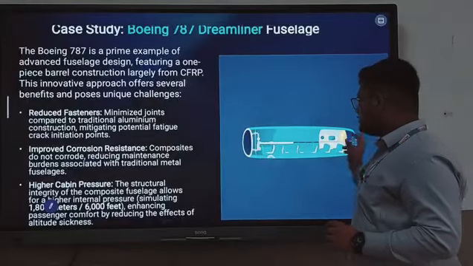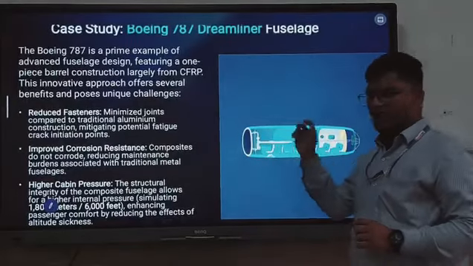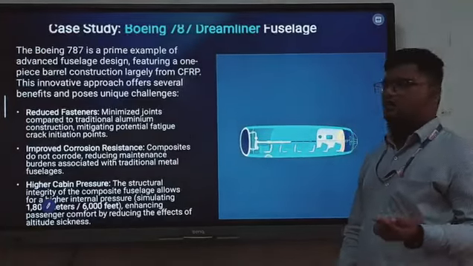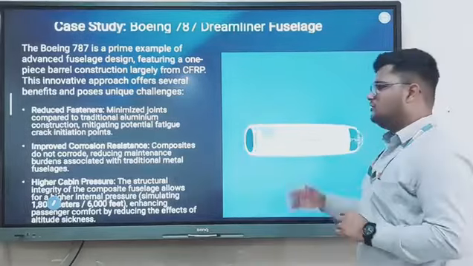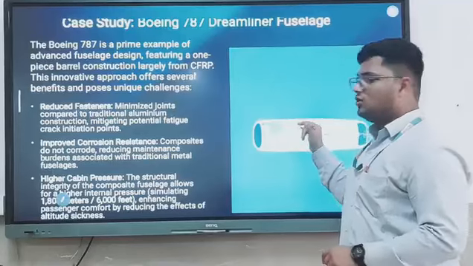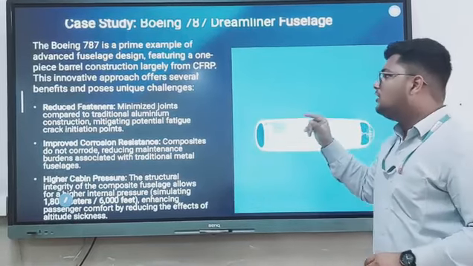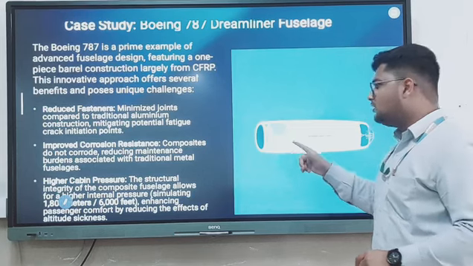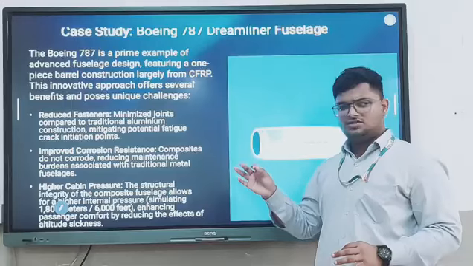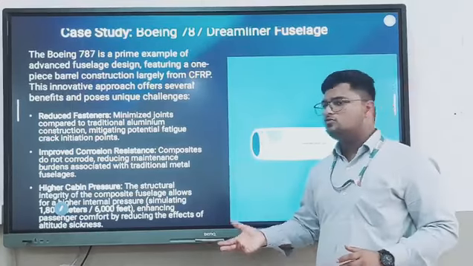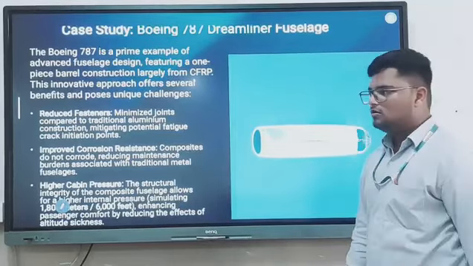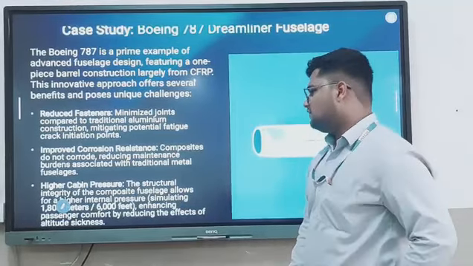It minimizes the fasteners and the joints, which of course potentially reduces the fatigue and the stress applied on the fuselage. Because of the composite polymer, we also have excellent corrosion reduction that ultimately leads to reduced maintenance, and of course it is beneficial for the companies. Then we have cabin pressure.